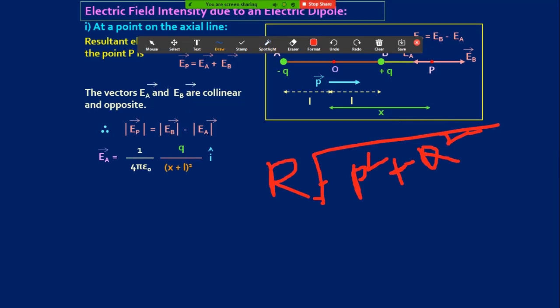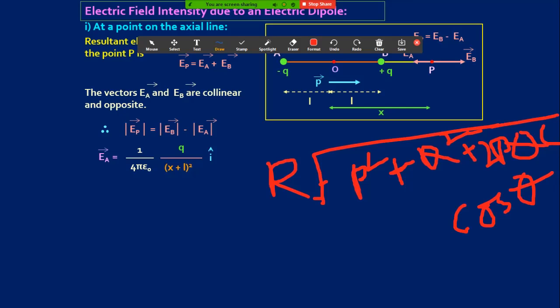That's why I can write the equation simply as EB minus EA. The angle between these two is 180, that's why it becomes EB minus EA. After putting in the value, EA is equal to 1 divided by 4 pi epsilon naught, Q divided by (x plus L) whole squared, into the unit vector.